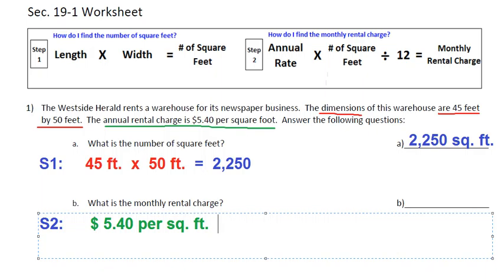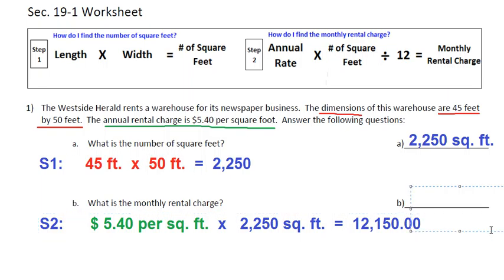And we're going to multiply that times the number of square feet that we got in letter A. And if we multiply this out, we get our grand total, and we need to make sure that we write that on the line. It is $12,150. It is looking pretty good.